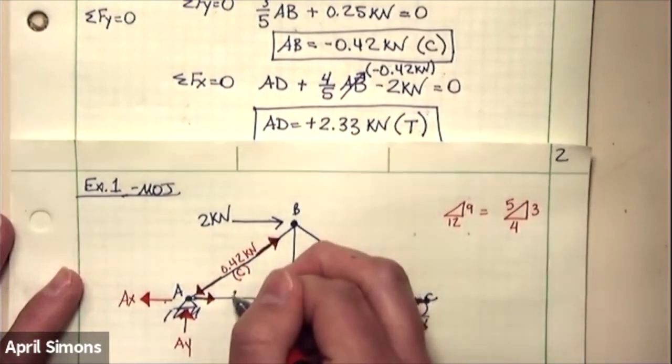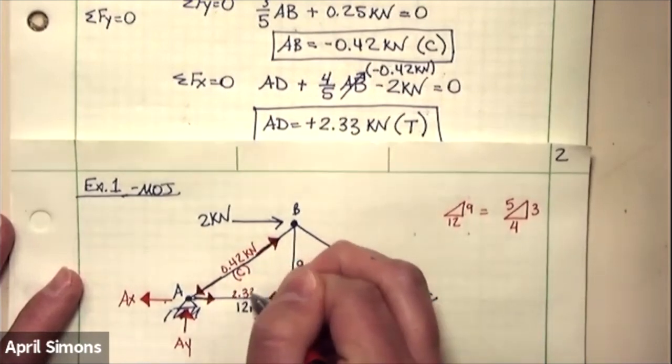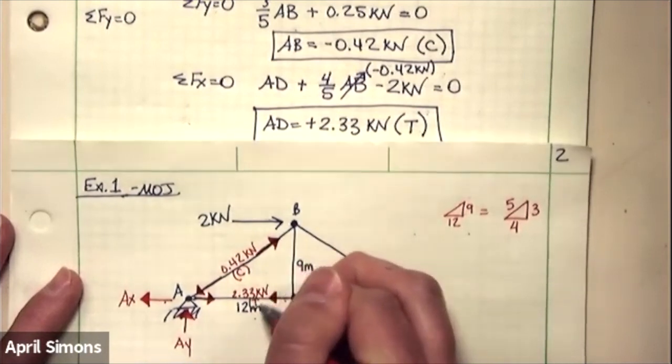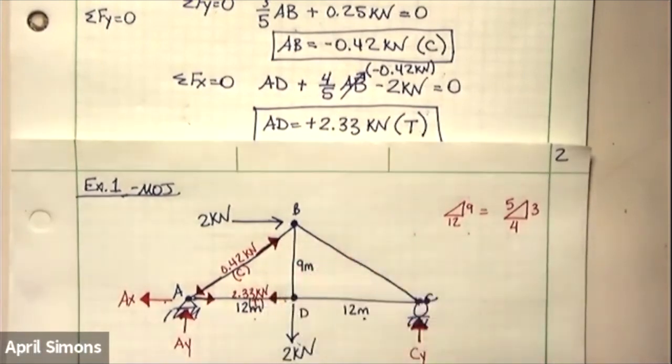And we can sketch that value in here, 2.33 kilonewtons, and tension. So when we create the force summation diagram, essentially what we're doing is just drawing tension and compression and putting the values in for each of the members.